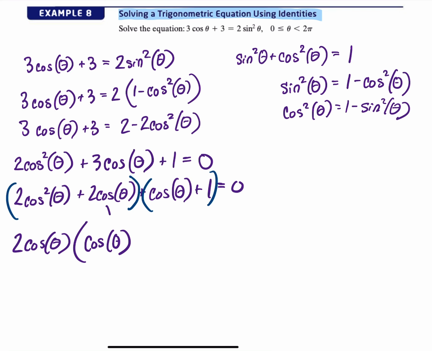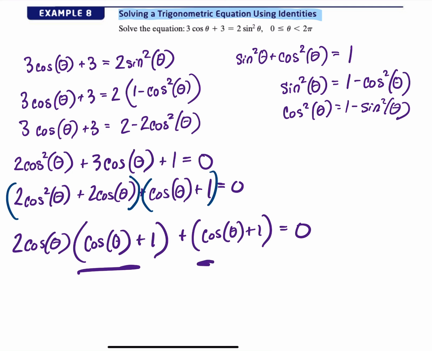And from the second term, I took 2 cosine theta out, so there should just be a plus 1 left over here. And then my second factor is already cosine theta plus 1. There's nothing else I can take out of that. And it's already this common factor that I have.